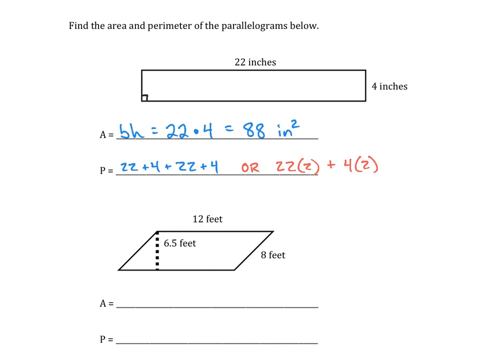Either way you do it, you should get the same answer, which is 52 inches. 44 plus 8, 52 inches. Now, that's not labeled as square inches because it's perimeter, and perimeter is simply a distance.